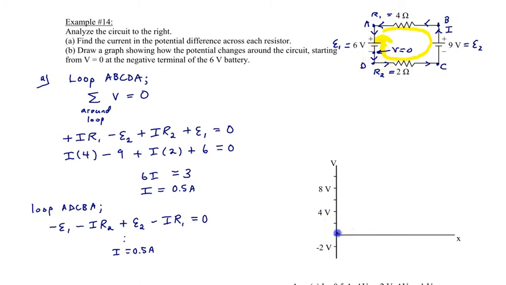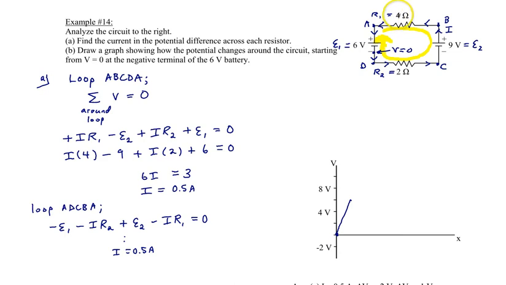So if we start here and we look at this, we're going to start at the negative terminal and we're going to go up to 6 volts. So here we are. Okay, and that is basically at point A. Then we go over that first waterfall. And actually we're going up the waterfall because remember that we're going against the current flow.